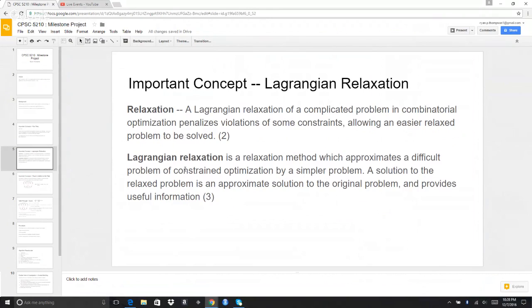Another important concept is the idea of this Lagrangian relaxation. To define it a little clearer, a Lagrangian relaxation of a complicated problem in combinatorial optimization penalizes violations of some constraints, allowing an easier relaxed problem to be solved.